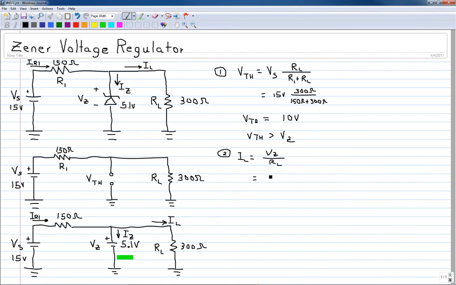This is equal to 5.1 volts divided by 300 ohms, giving us an I sub L of 17 milliamps.